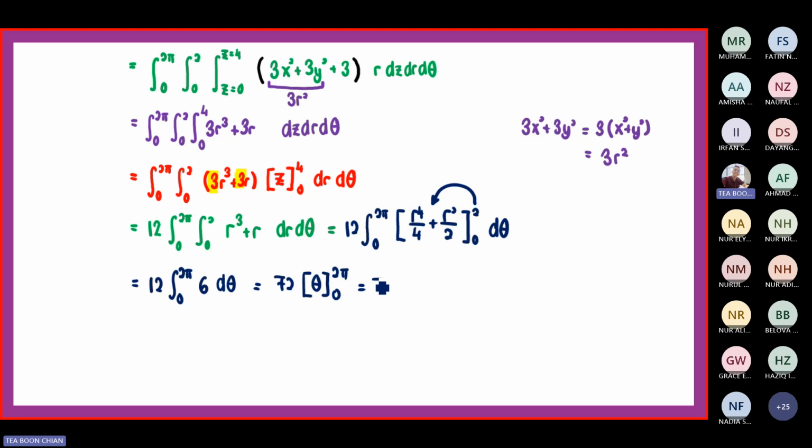So this is simply 72 multiplied 2 pi, and therefore you get the flux to be equal to 144 pi. So this is how we use the divergence theorem to find the surface integral.